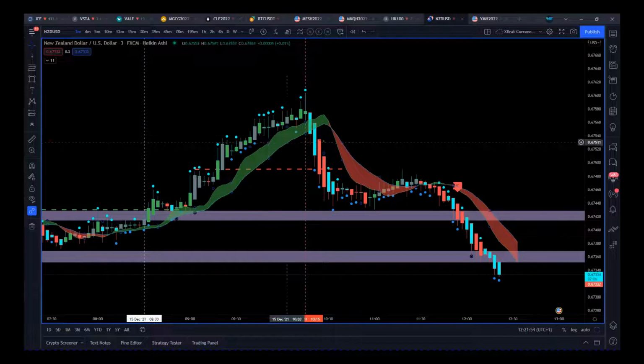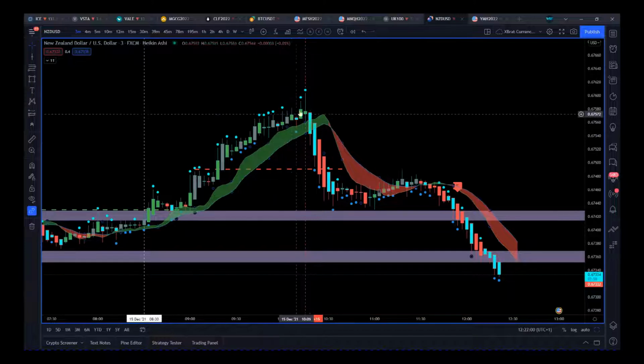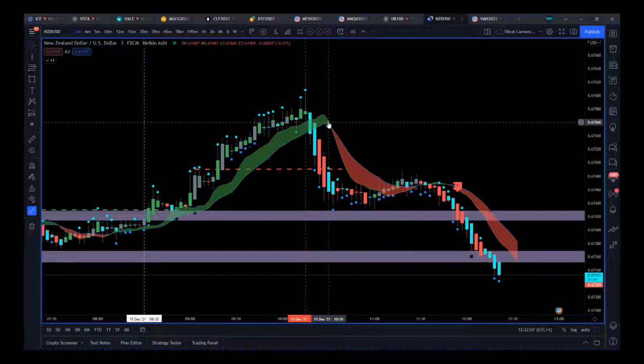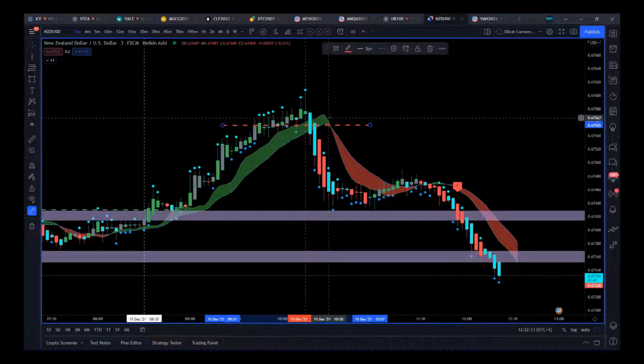Now you can see the ribbon changes a lot earlier. So once we start to get this indecision at this point here, we are already turning red on that candle. So we can say to ourselves, right, let's take our profits at this point. This actually is 4 candles ahead.